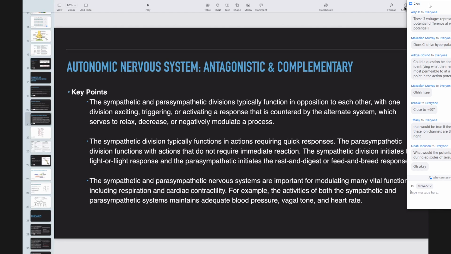But let's say you're sitting, all of a sudden there's a loud bang and you need to flee for your life. The sympathetic system will try to overrun the parasympathetic. So they're antagonistic, meaning they work against each other, and they're complementary. They do the same exact organs, and one being off, one being on, will help control your bodily functions.